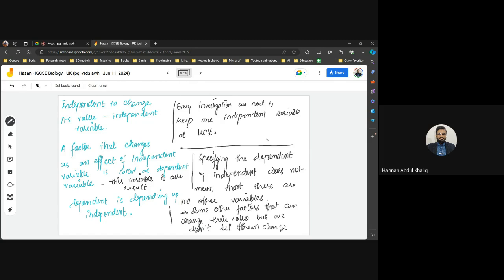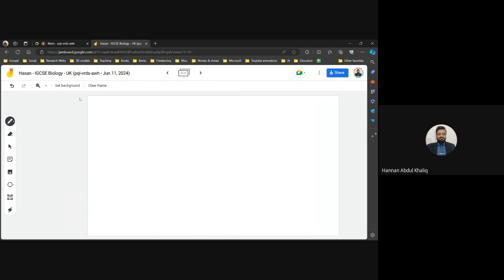Those particular variables are called constant variables, or in other words, they are also called standardized variables. What does this mean? Well, once more, variable clearly means something that can vary.